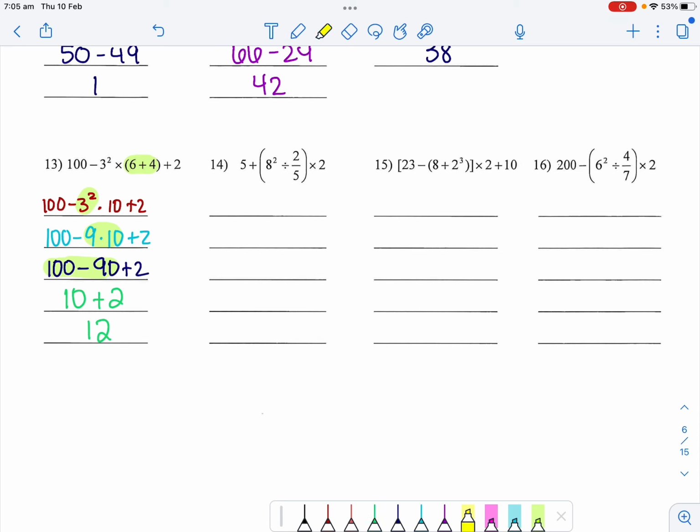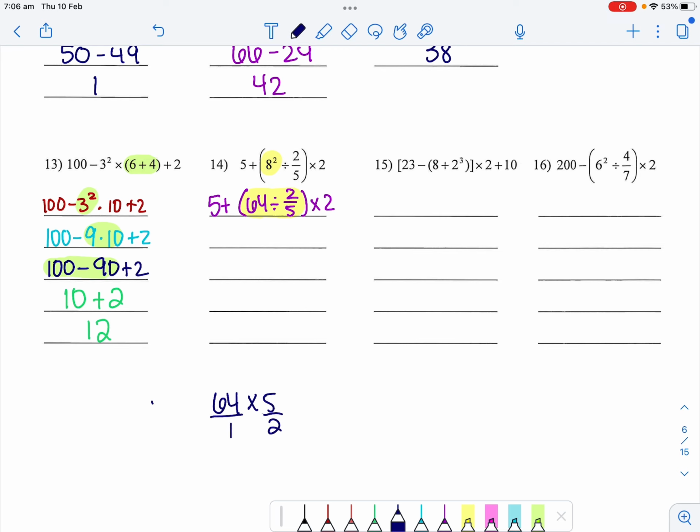In number 14, inside my grouping symbols, this comes first because the exponent comes before division. So this is going to be 5 plus 64 divided by 2 over 5 times 2. So now I'm going to do my division. Now for my division, I've got to do 64 times 5 over 2.